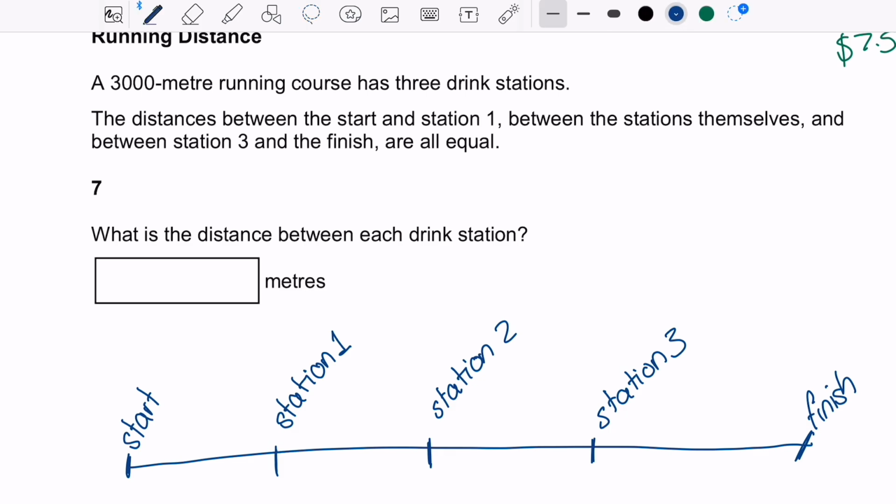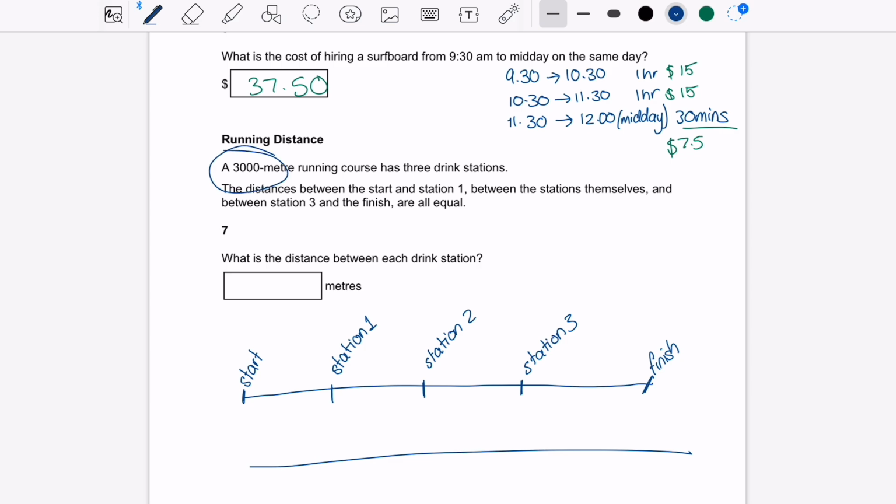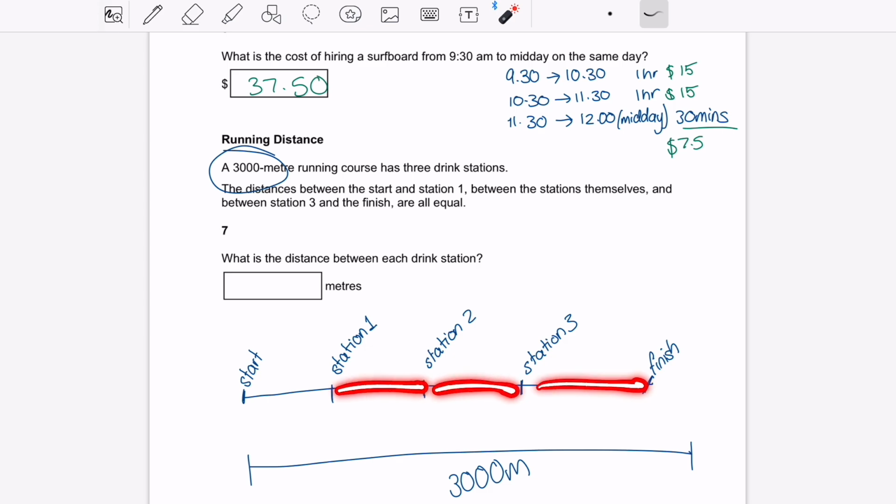So it says, what is the distance between each drink station? So I know that this is the same as this, is the same as this, is the same as this, okay? And from start to finish, it says up here that it's 3,000 meters. So that there to there is 3,000 meters. And I have 1, 2, 3, 4 parts to divide it up into.